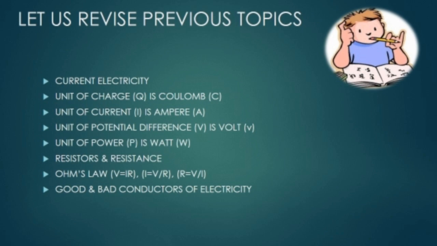Are you getting it? And if the resistance is higher, that will be considered a bad conductor of electricity because the charge will not flow easily through it. Are you getting it? So these are all concepts we have studied in the 9th standard.